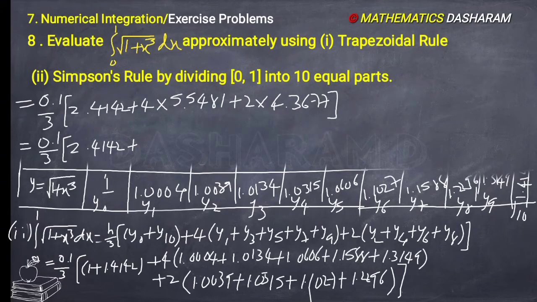Next to 4 into 5.5481 is 22.1924 plus 2 into 4.3677 is 8.7354.